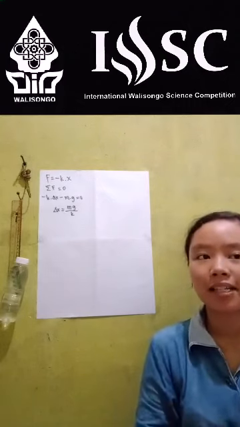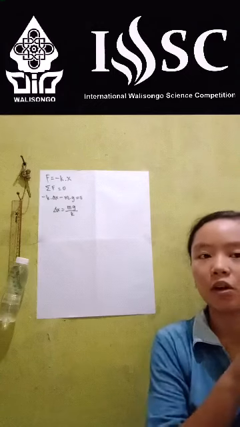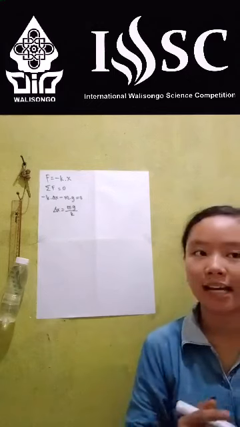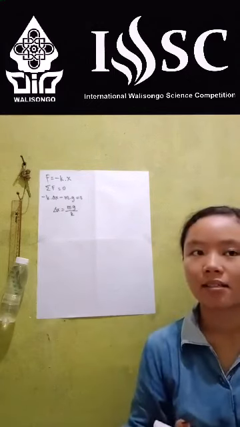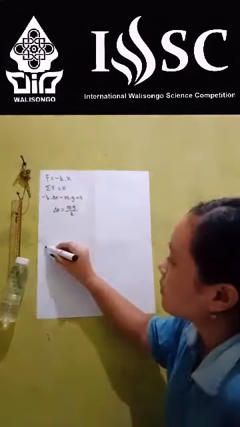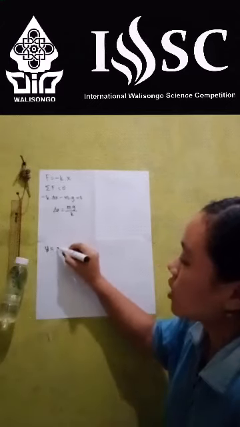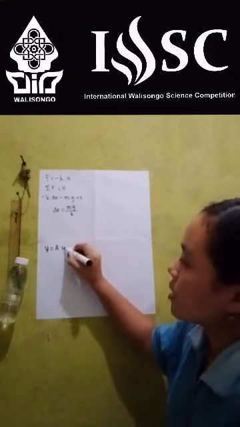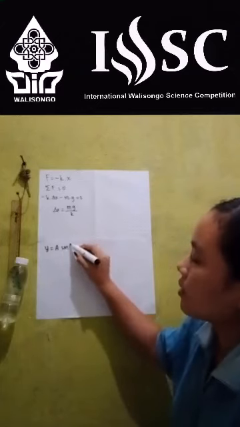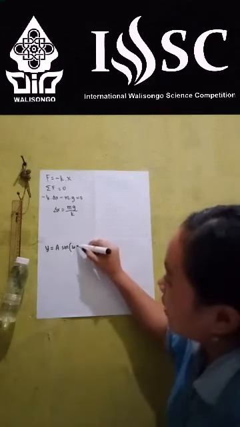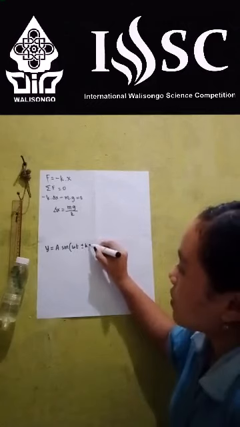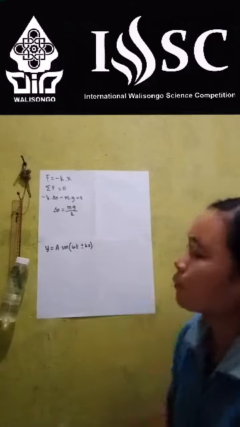So that's why the equation of oscillatory motion of rubber and spring can be written as y equals the amplitude times sine of omega times t.